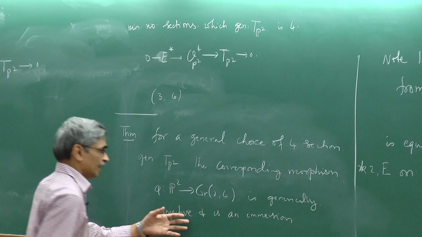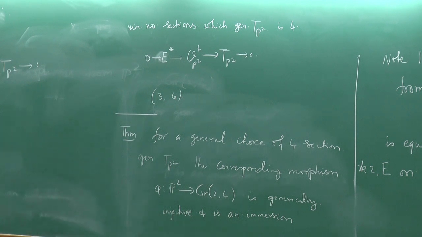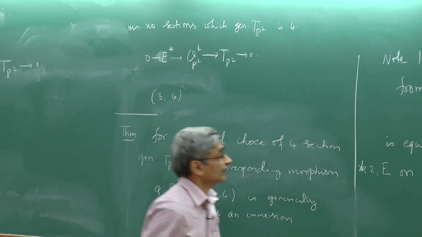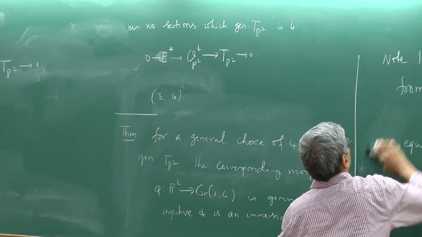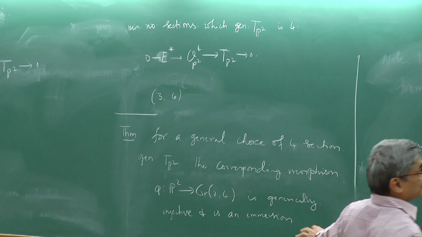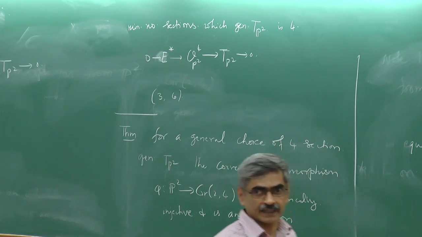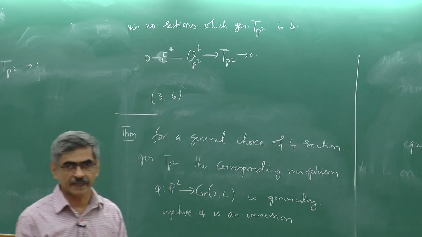So in other words, at the tangent space level, the mapping is injective. And by a theorem of Tango, this is the best possible one can expect because it cannot be an embedding.